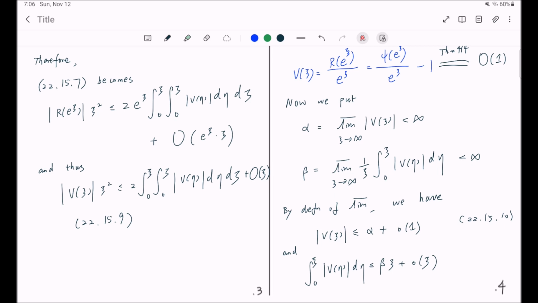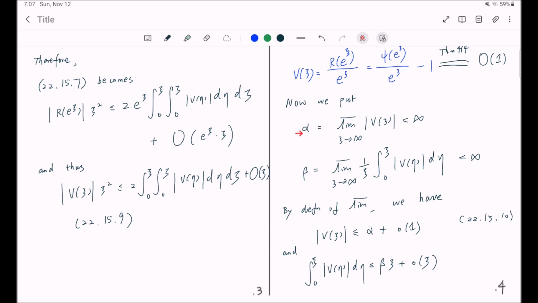Later, we will show that, remember, to prove the prime number theorem, it suffices to show that alpha is equal to 0. Alpha, namely the lim sup here, is equal to 0. Then we are done, because then we will show that psi of x is asymptotic to x. That is equivalent to the prime number theorem.